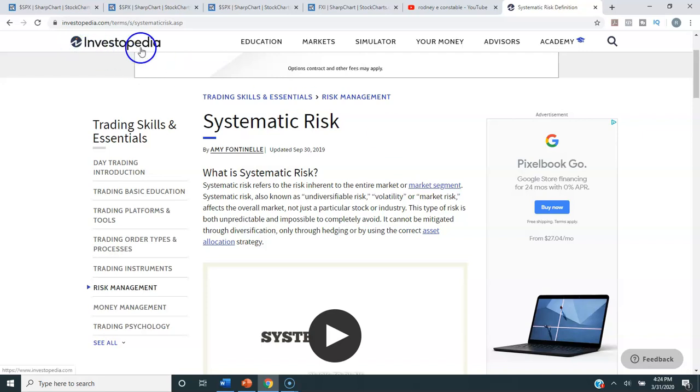Now, we're out on Investopedia, so this isn't me saying this. This is Investopedia. And systematic risk, by the way, is what Simple Market Signals deals with. Let's read this together. Systematic risk refers to the risk inherent to the entire market or the market segment.